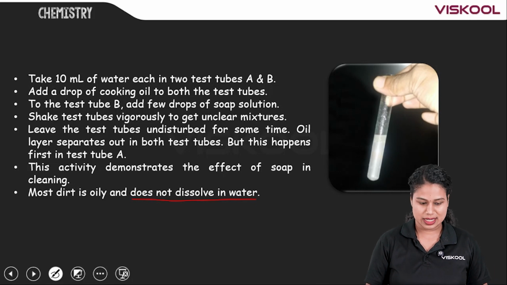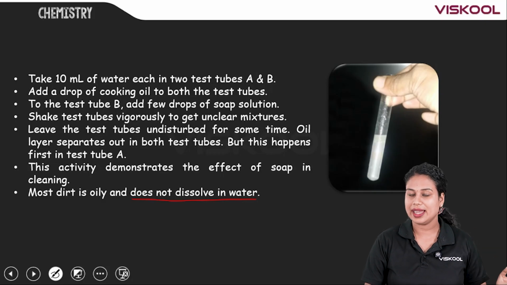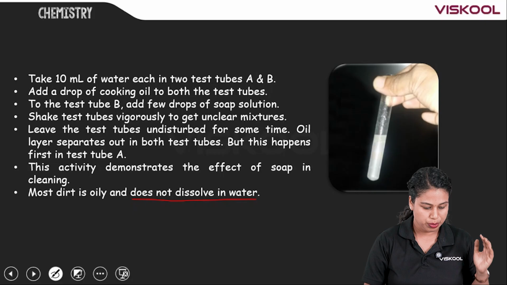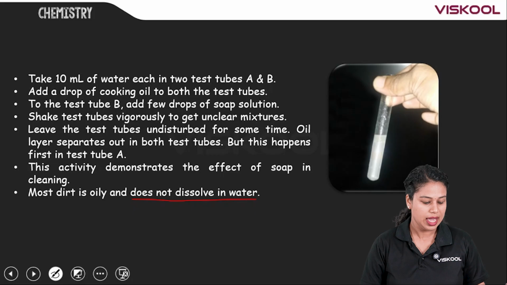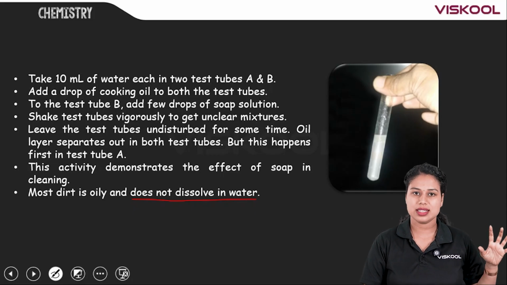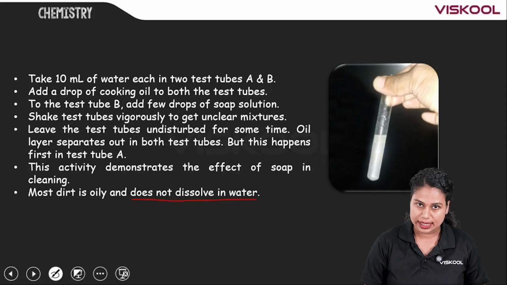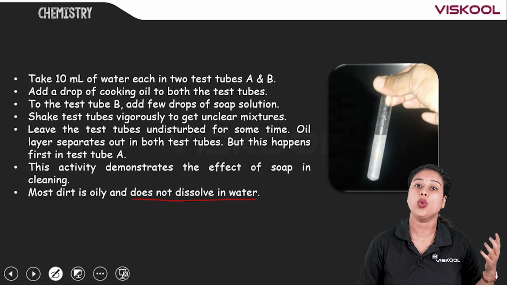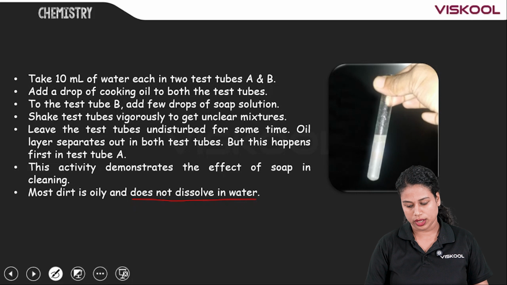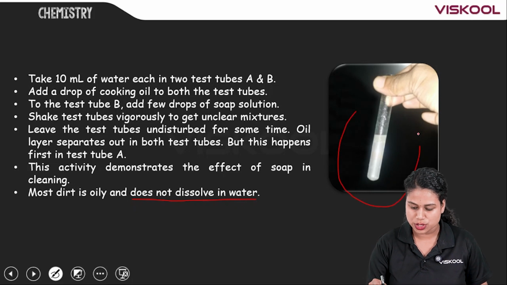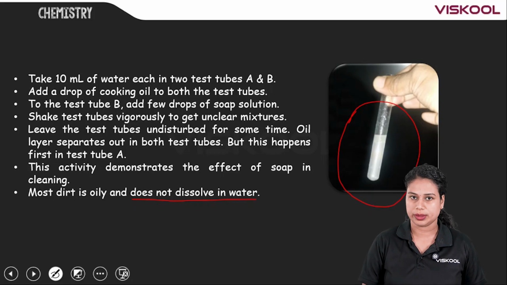The oil layer separates out very quickly in the first test tube, test tube A, and in the second test tube it takes some time as we have added the soap solution to it, right? So we can conclude that most of the dirt is oily in nature and will not dissolve in water. This is what you can see in test tube B, where we have added soap along with oil and water. Is this clear?